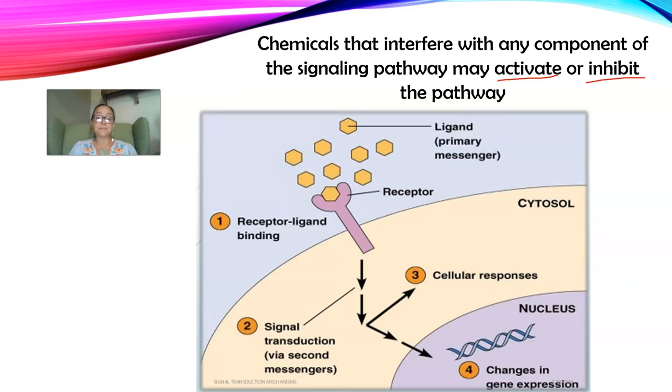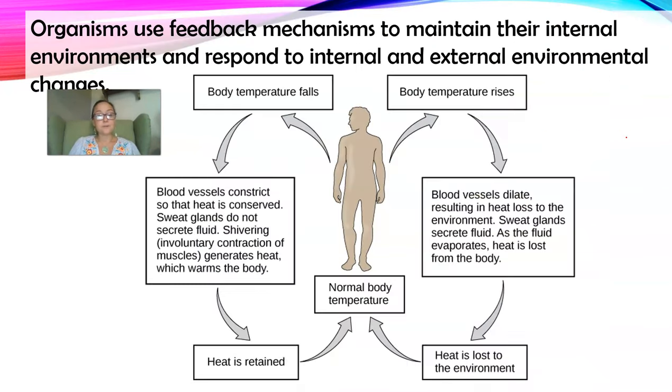Or on the opposite, sometimes a medication or a drug could act like a competitive inhibitor that blocks the ligand from attaching and therefore stops the cell response. So when we talk about activate or inhibit, it would be molecular mimics that have the same chemical properties and can attach to that receptor, causing either increased or decreased signal transduction pathways. And that's cool that scientists have figured that out because we can use it in a lot of medical situations.